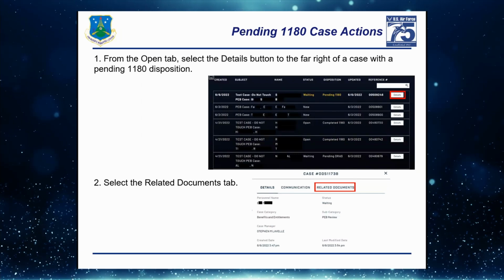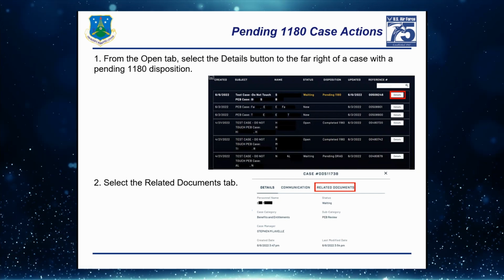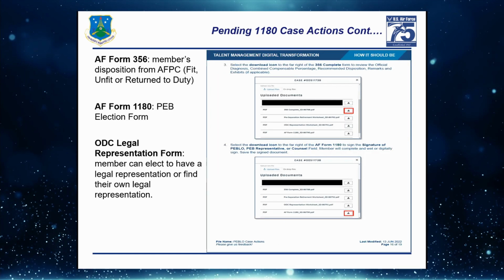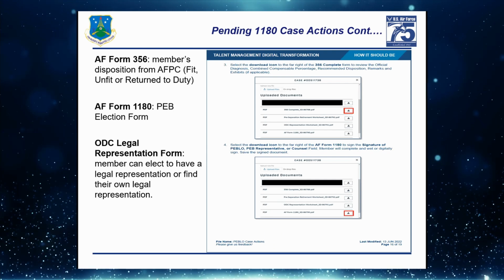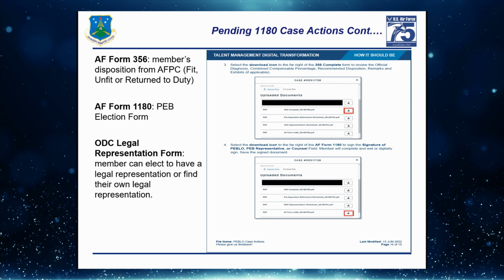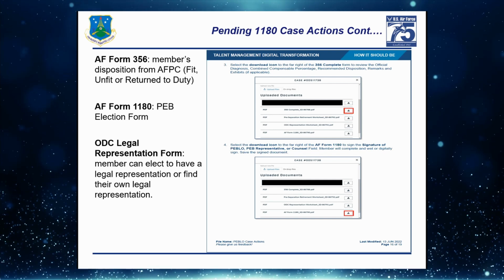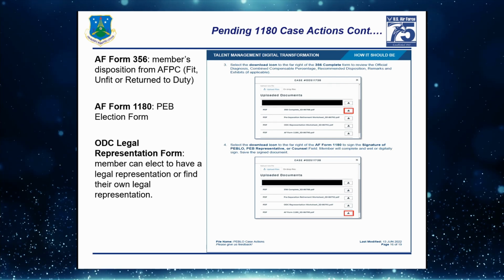Step two would be to select the related documents tab, shown in that image there. Step three is where you'll select the download icon to the far right of the 356. You can download the whole form, and it shows the official diagnosis, combined compensable percentage, recommended disposition, remarks, and any exhibits related to the member's condition.